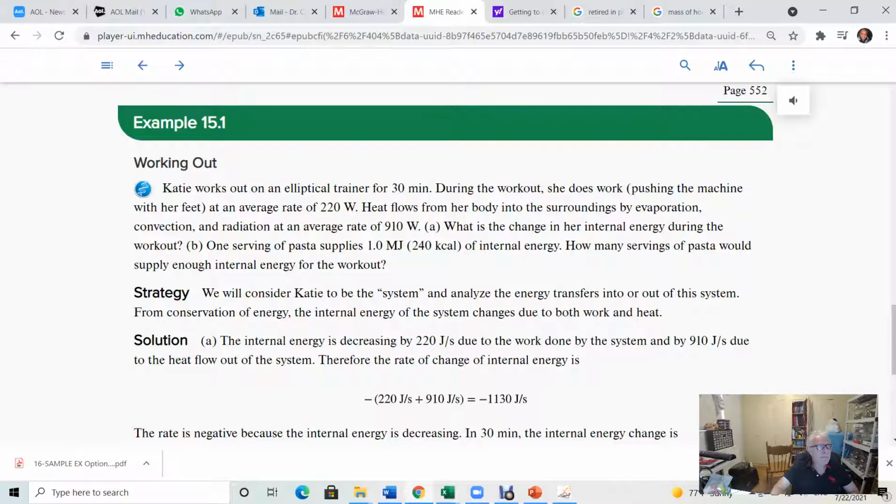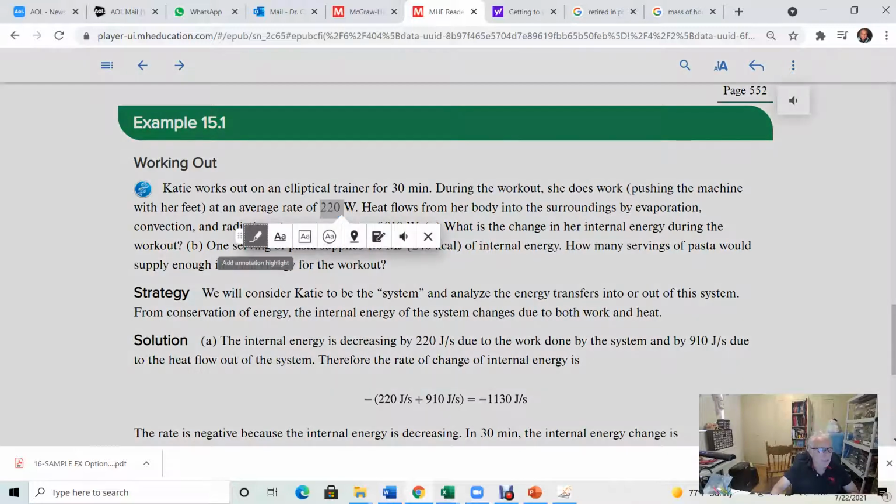Okay? So here you go. All you gotta do is to apply the first law of thermodynamics. Q plus W. She's losing heat. Consequently, the rate of losing heat is negative. That's why they put the negative sign here. She's also doing work on the system, right? Here you go. That's the work on the system, right? That's the work. The heat is this part here.